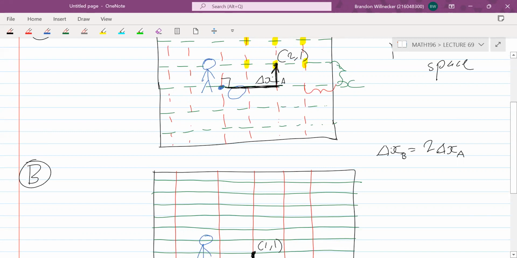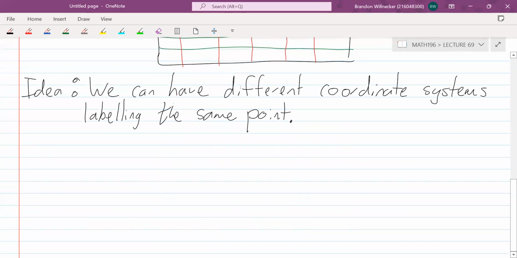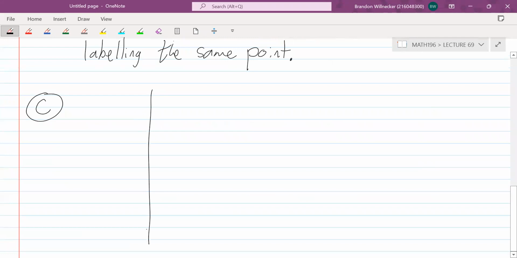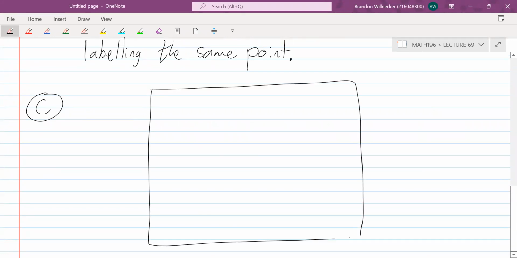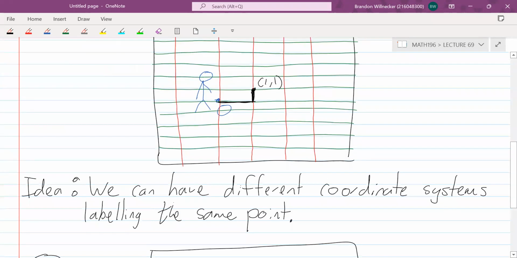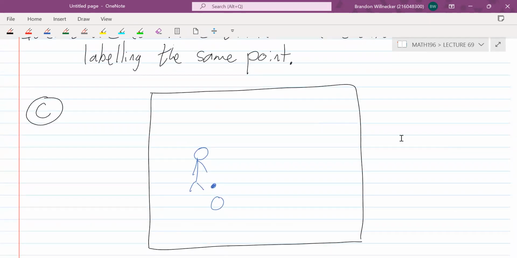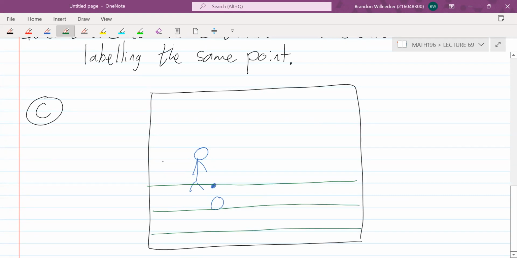Okay, so you should just keep that in mind. So let's look at something a bit more different than this. So let's say we have system C. Again, same sort of field. Again, let's pick the same origin just to keep things a bit simpler. But of course, you're free to move the origin to wherever you like. Now I'm going to do something a bit more crazy. The horizontal lines are going to stay the same. So we've got like that.